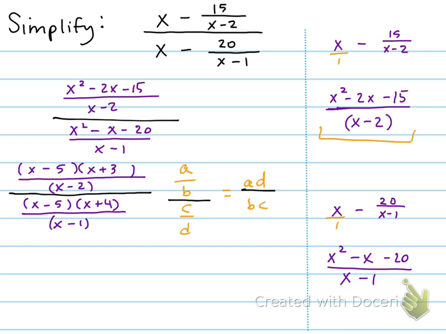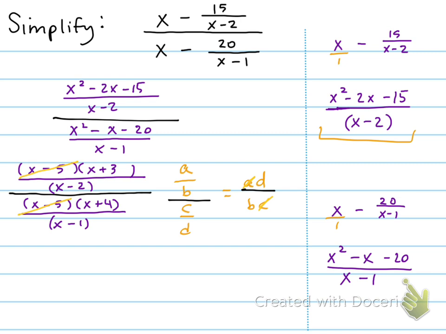Well, do you agree that I'm allowed to cancel this a with that c if I see a common factor? So I see that x minus 5 and x minus 5 have a common factor. So guess what? Cancel them.